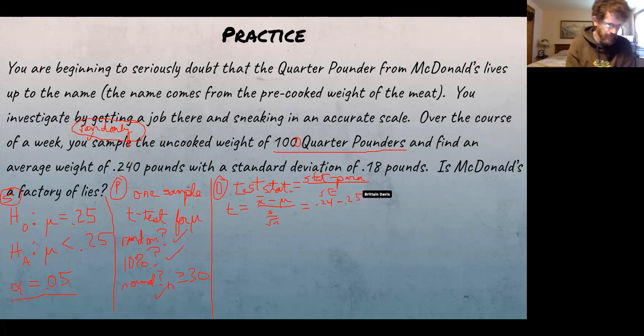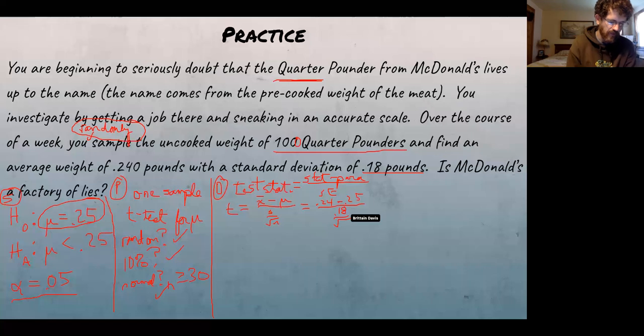It never says 0.25 in the problem, but a quarter pound is 0.25, and we've got that right here as our null. Our sample standard deviation, I'll just show that as 0.18. And n is 1,000, so I'll do the square root of 1,000.